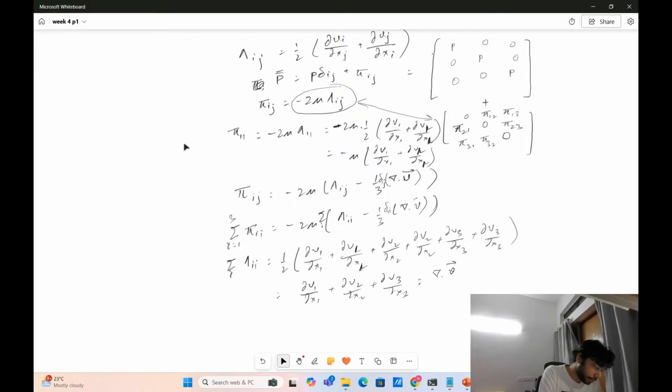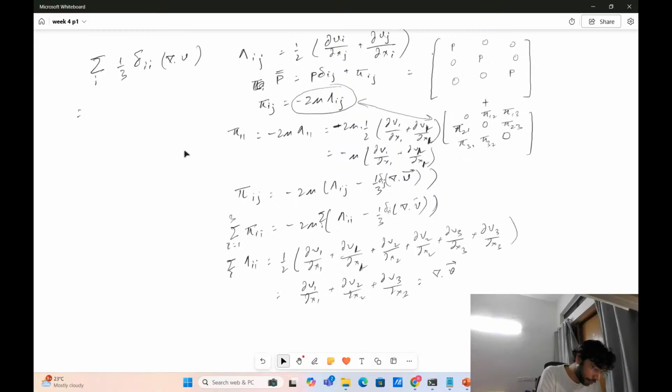The second term is the summation over i of 1/3 delta ii del dot v.